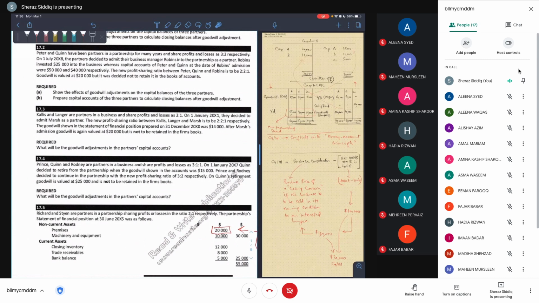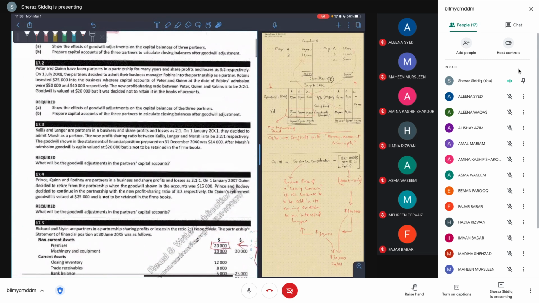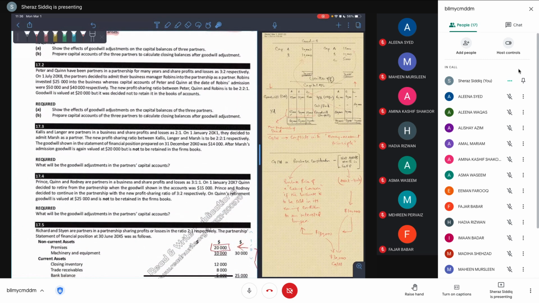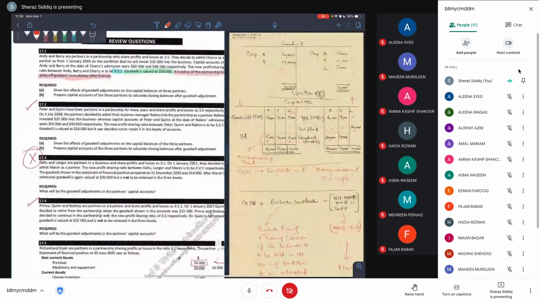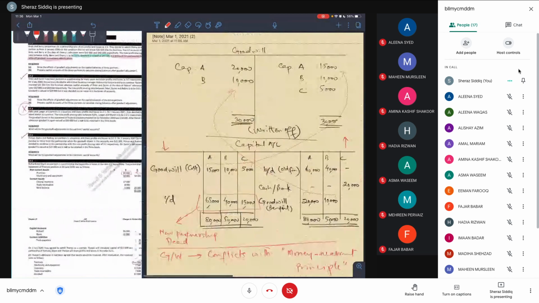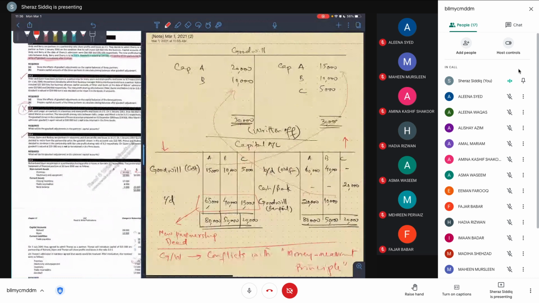There is one question where goodwill is already existing in the books. वो मैं करूँगा. वो भी आपने नहीं करना. हाँ, question number 3 आपने नहीं करना. And retirement. हाँ, क्वेश्चन नंबर 3 आपने अभी नहीं करना. क्वेश्चन नंबर 3 मैं कराऊंगा कल आपको. बाकी क्वेश्चन नंबर 1 हम कर चुके हैं. क्वेश्चन नंबर 2 and क्वेश्चन नंबर 4 are going to be done similar way as you can see right now on the screen how we did question number 1.